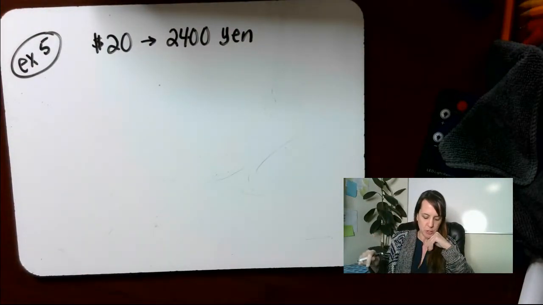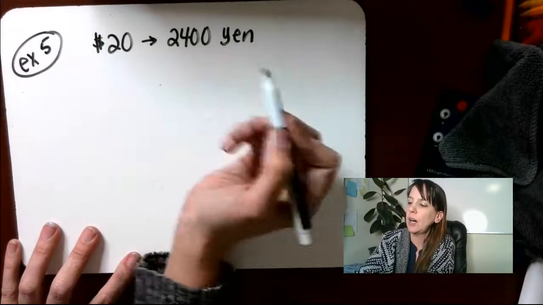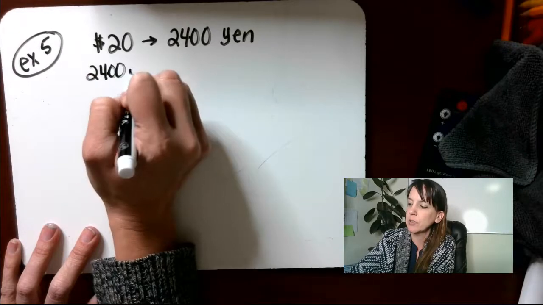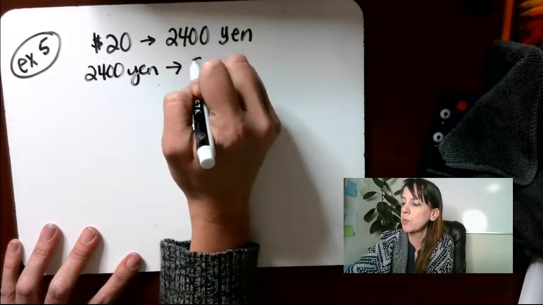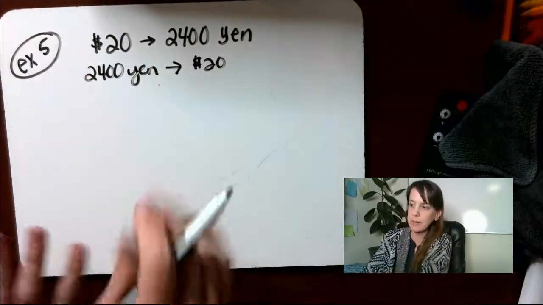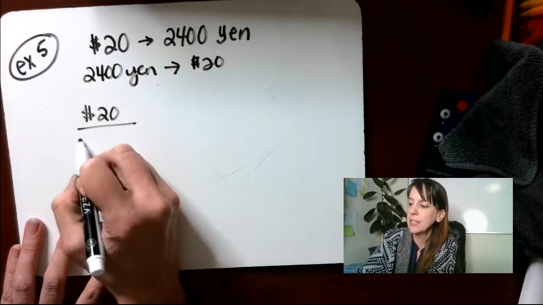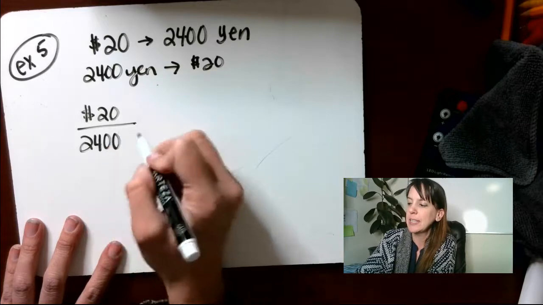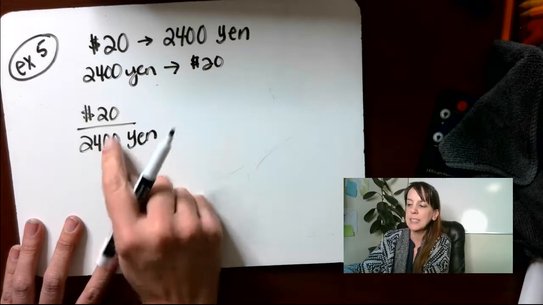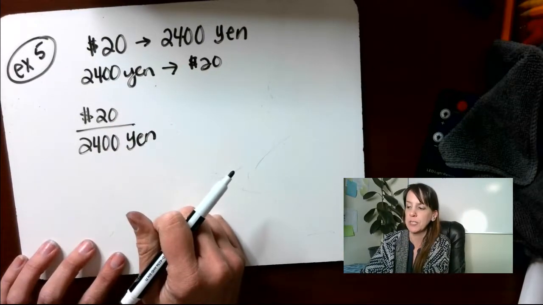Disregarding the fee, write 2 reduced rates for the stated exchange rate. So we're going to ignore the exchange rate fee. We're going to say, okay, for $20, we get 2,400 yen, but we're treating this like a fraction and we need to reduce it, right?